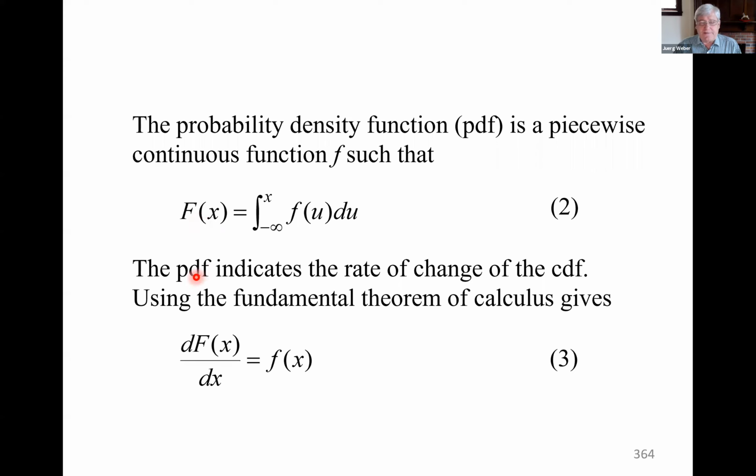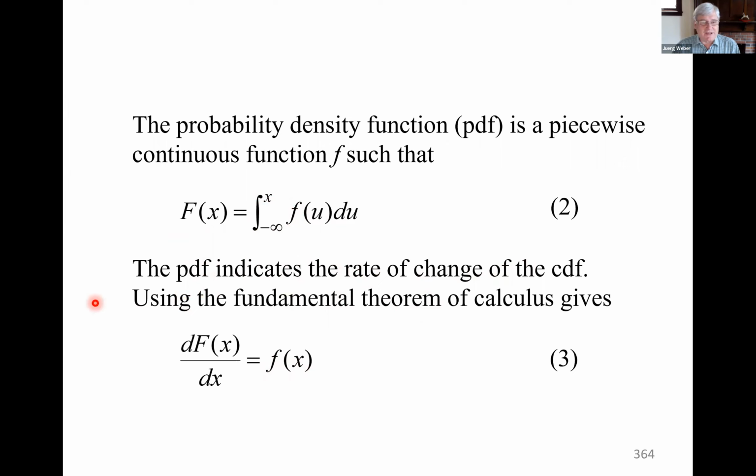So the PDF indicates the rate of change of the CDF. Let's use the fundamental theorem of calculus. The fundamental theorem of calculus shows you how to take the derivative of an integral with regard to the limit. And what you get is just the function value at the limit, f of x.